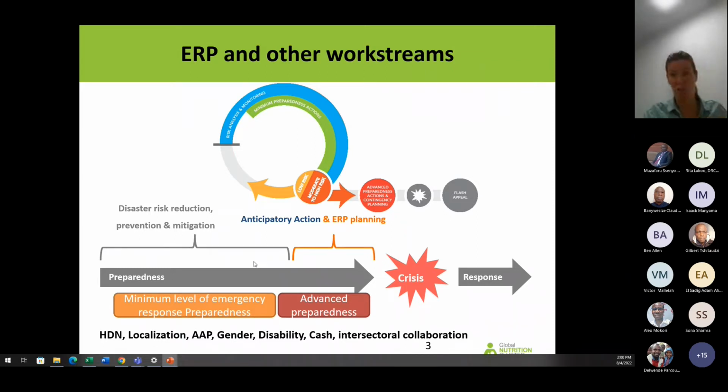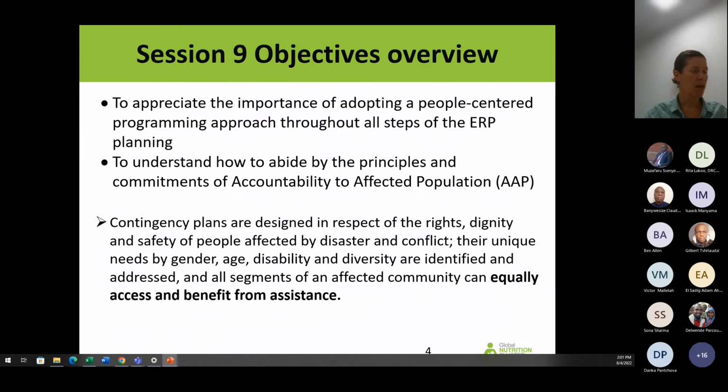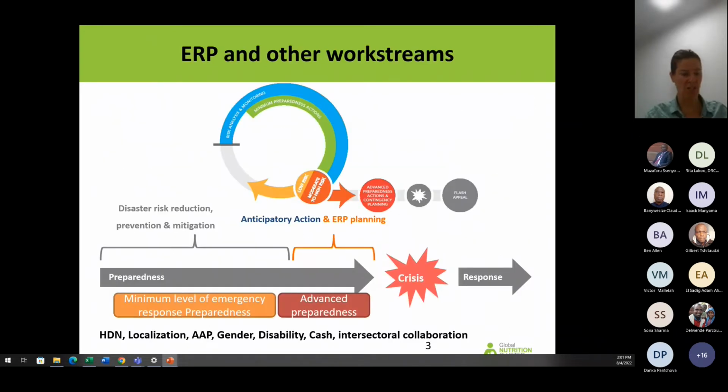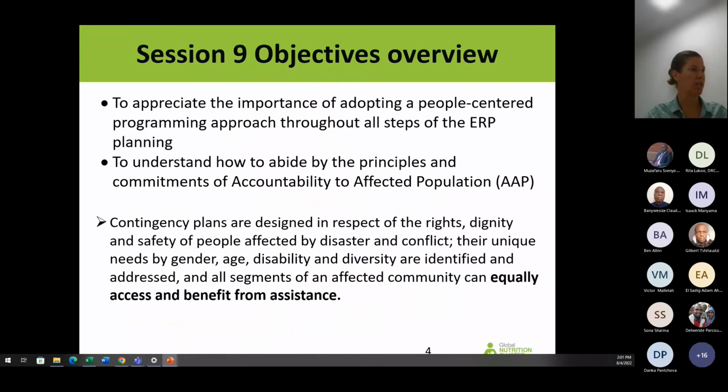And throughout all the steps we've seen, and we'll see a little bit more today, I hope, how we can promote working with local actors, make sure that we have accountability to affected population taken into account, gender, the needs of persons with disabilities, all this be taken into account throughout all the phases of this ERP approach.